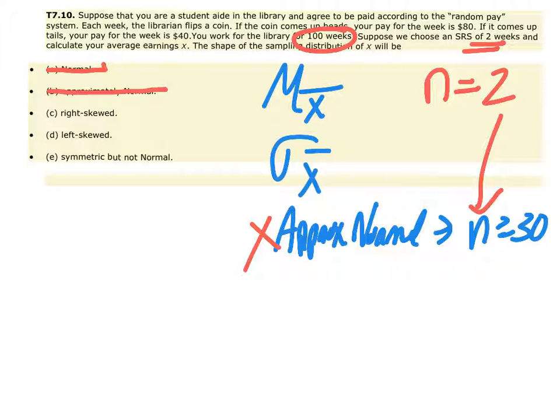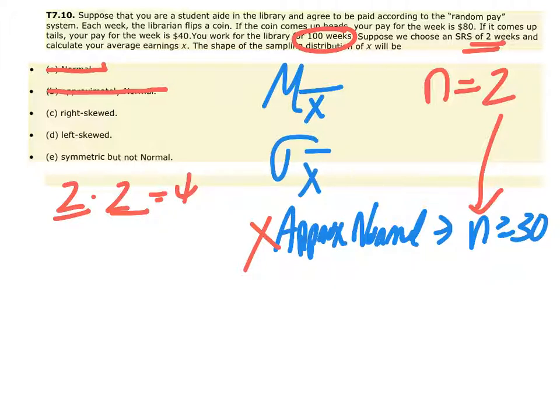In order to figure out if it's C, D, or E, you want to actually make a sketch of what this distribution would look like. So for a 2-week sample size, if you think about it, the possible outcomes of week 1 and week 2. So if I have week 1 and week 2, I could get heads or tails, I could get heads or tails. There's 4 possible outcomes.